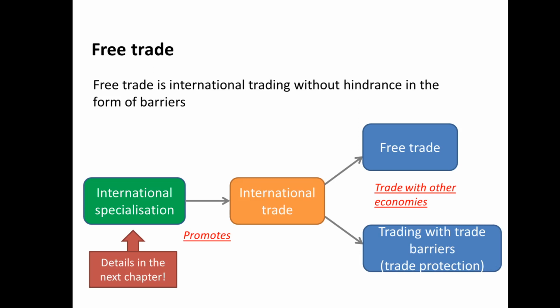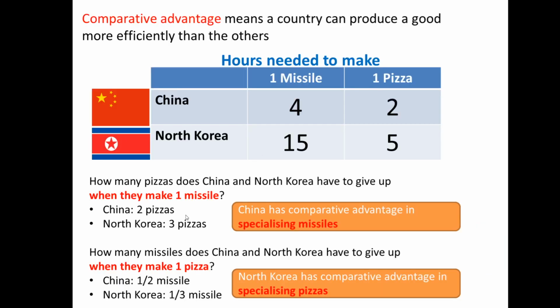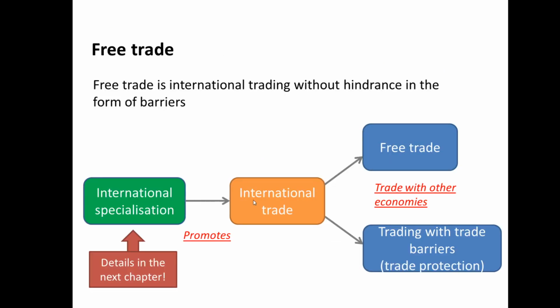Because of international specialization and comparative advantage, countries decide to trade with each other. That's why international specialization promotes international trade.